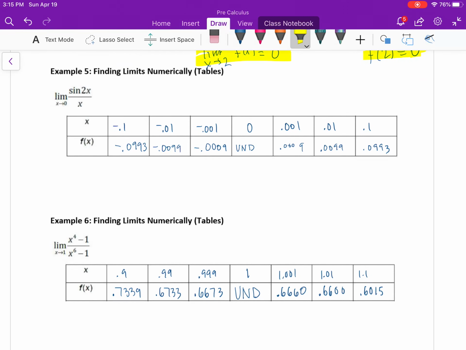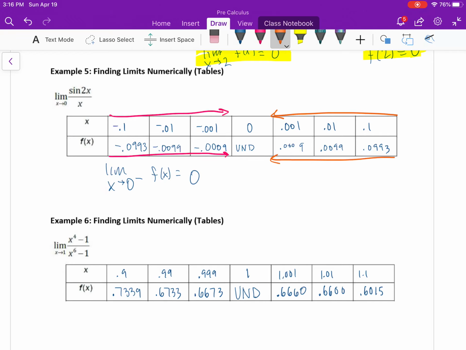All right, so in example 5, as our x values get closer to 0 from the left, our function values appear to be getting closer and closer to 0. So in this case, the limit as x approaches 0 from the negative side appears to be 0. From the right side, as our x values get closer to 0, our function values get closer to 0 as well.